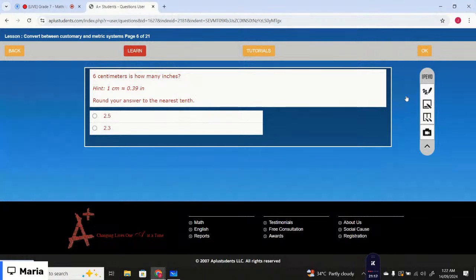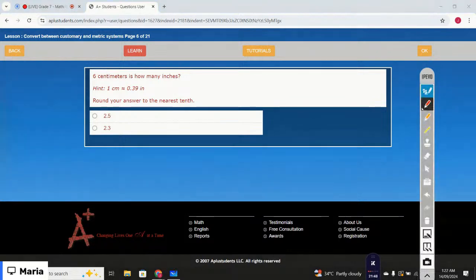6 centimeters is how many inches? You have to convert from centimeters to inches, right? You have to do 6 times 0.39.